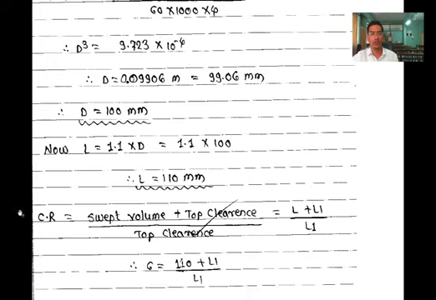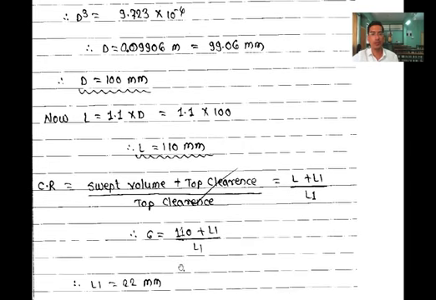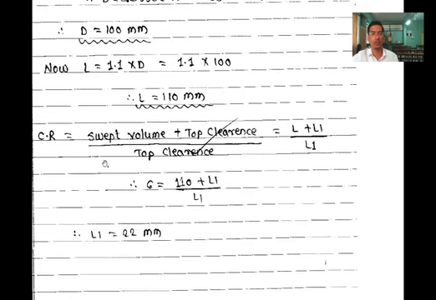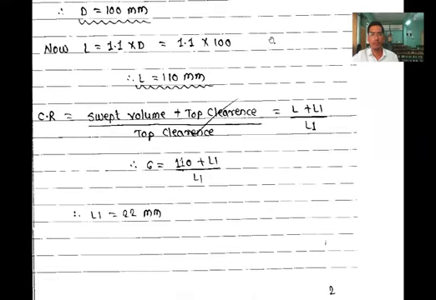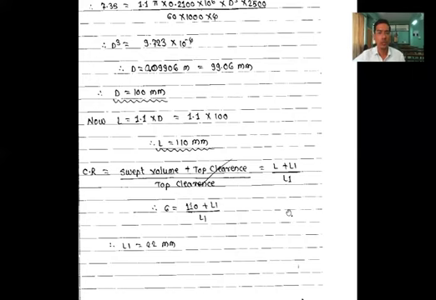The compression ratio is 6 and the stroke length is 110, so we get the top clearance L1 equal to 22 mm. By using this formula of compression ratio, the top clearance is calculated as 22 mm.